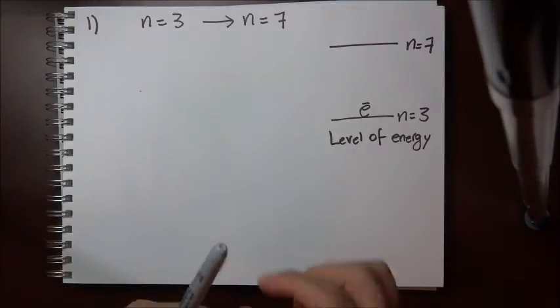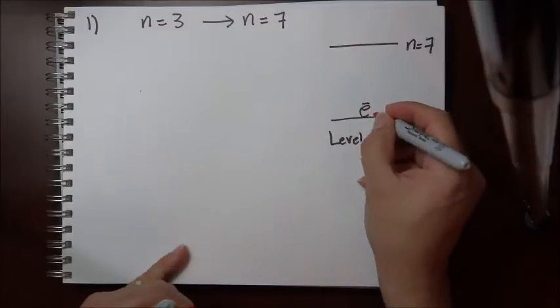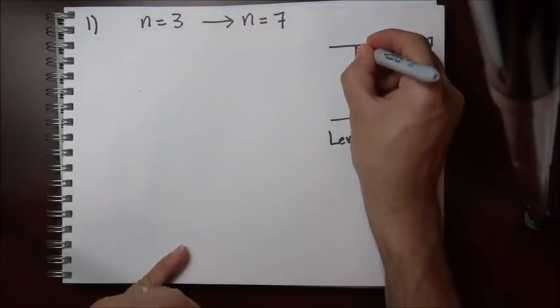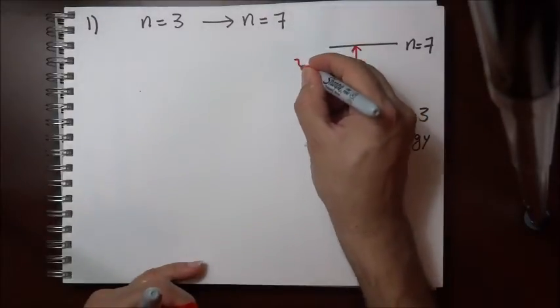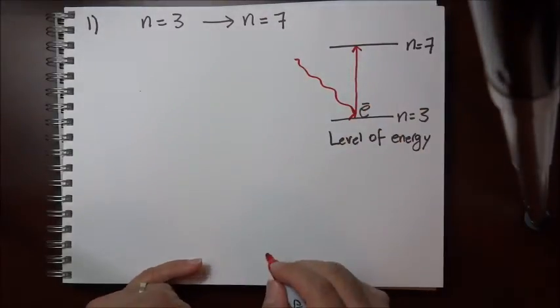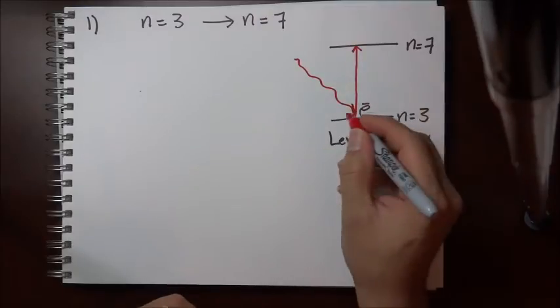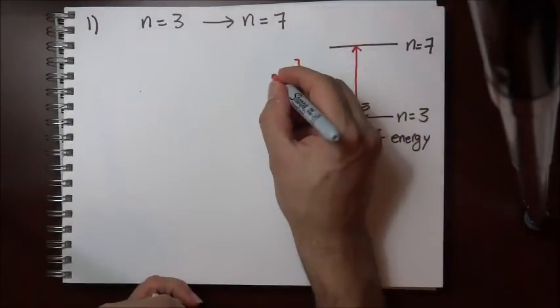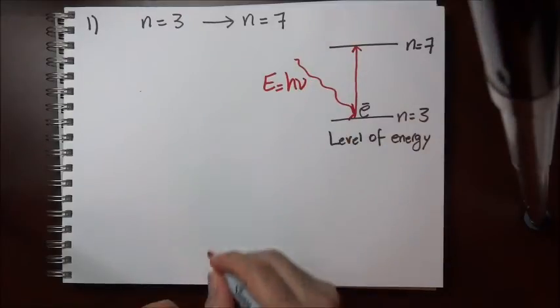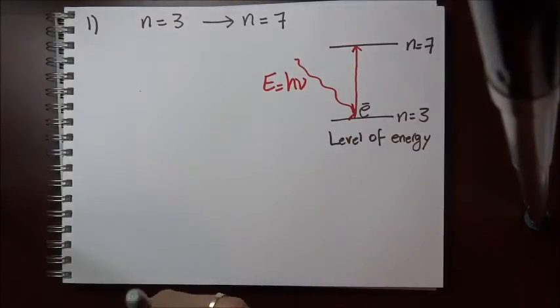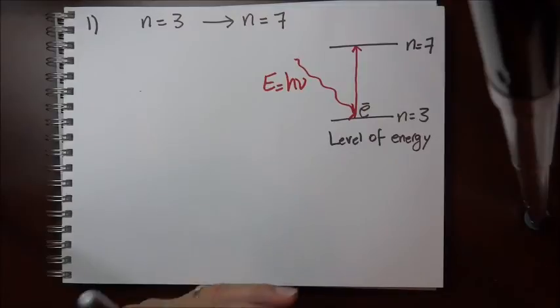In order to send electron to higher level, we need to apply energy. So I'm going to apply energy to send that electron to higher level. And energy that I'm applying is going to be equal to h nu. The only thing I know about this energy is that this energy is equal to h nu.